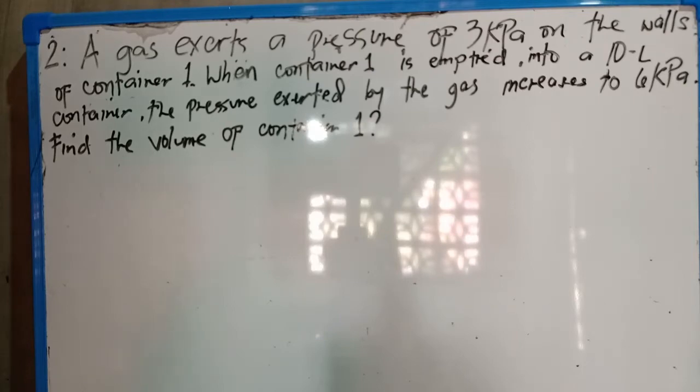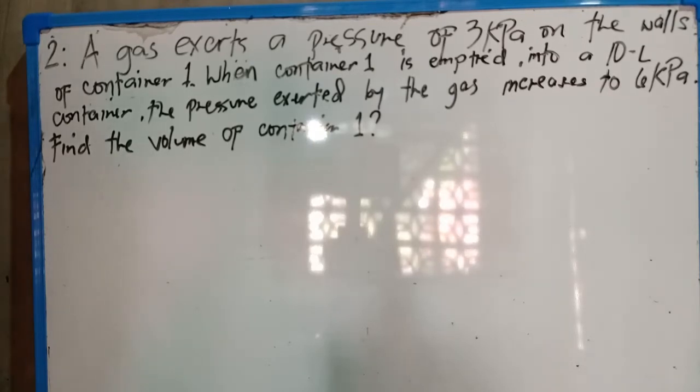Compare this to another example, which is again an example of Boyle's law. A gas exerts a pressure of 300 kPa on the walls of container 1. This means there is a container 1 that exerts 300 kPa pressure, or its initial pressure. When the container is emptied into a 10-liter container, the pressure exerted by the gas increases to 6 kPa.